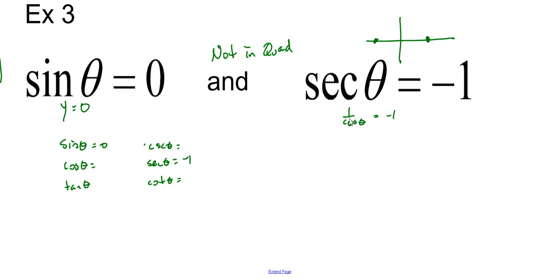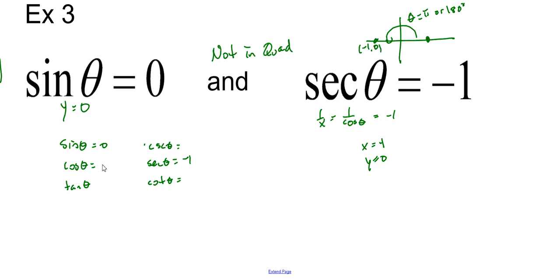And because 1 over cosine is the same thing as 1 over x in our unit circle, this means that x has to equal -1. So x equals -1, y equals 0. That gives us a point right here, which is our angle. Our angle actually is pi, or 180 degrees. Our point is -1, 0.